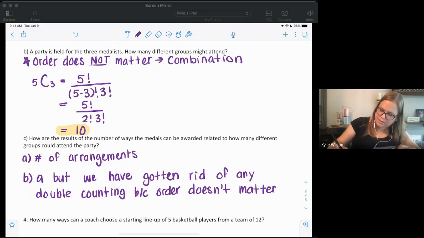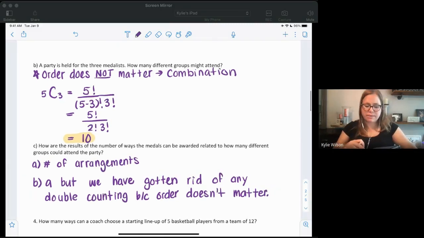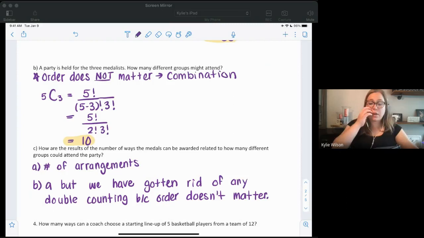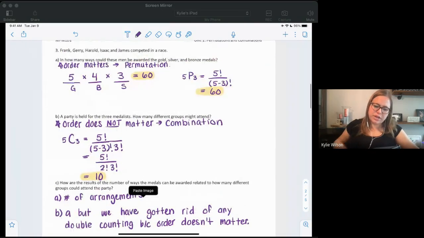So what we're doing is, because the order doesn't matter, it doesn't matter who got first, second, and third. Jerry, Frank, and Harold can all still attend the party. And maybe Jerry got first, Frank got second, Harold got third. They still attend the party as a group of the three of them.